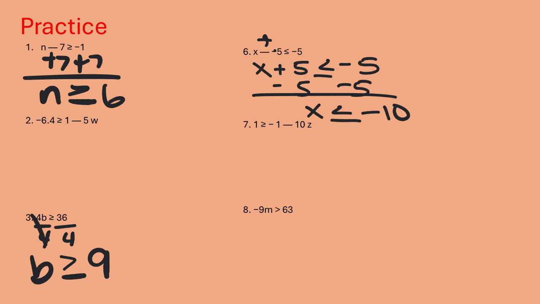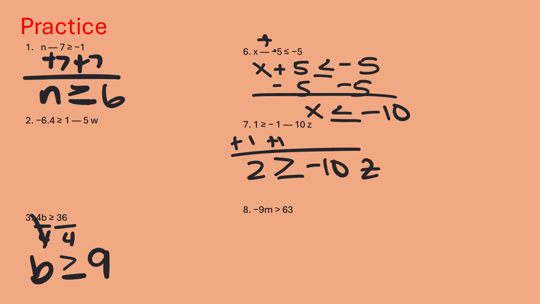All right, number 7. Again, we have negative 1 is greater than or equal to negative 1 minus 10z. What is the first thing I need to get rid of here on this inequality? Negative 1. And what's the inverse of it? So I'm going to have plus 1 on both sides. I am left with 2 is greater than or equal to negative 10z.